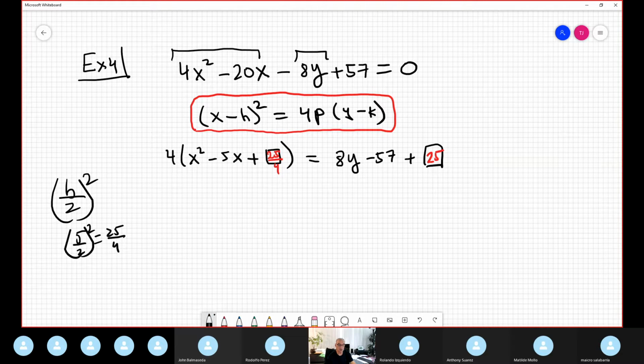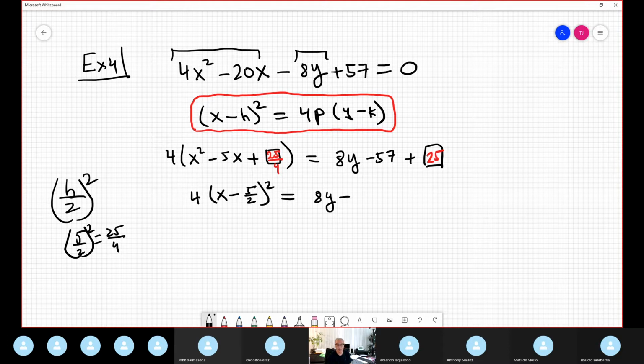Okay, so now when you introduce artificially that number, it is 4. This is x minus 5 over 2, squared, equal to y minus 57, plus 25 together. 25 minus 57 is 32.